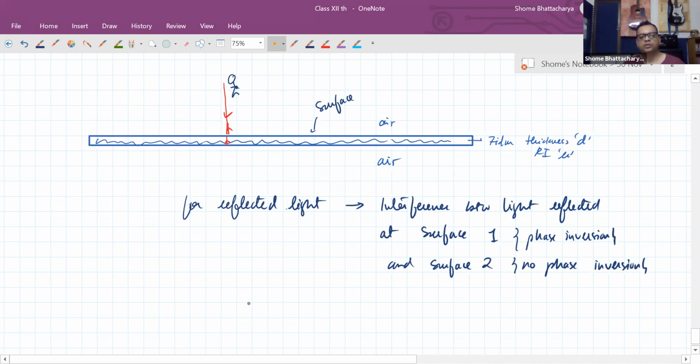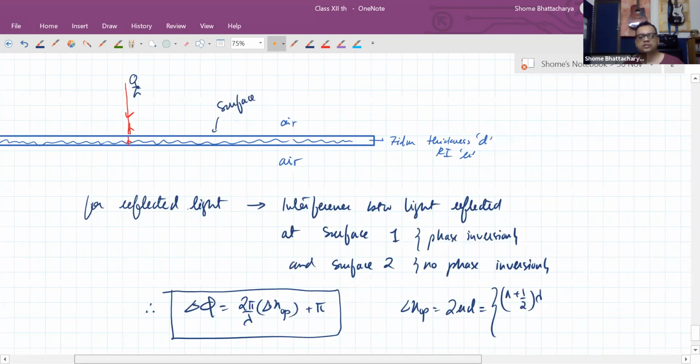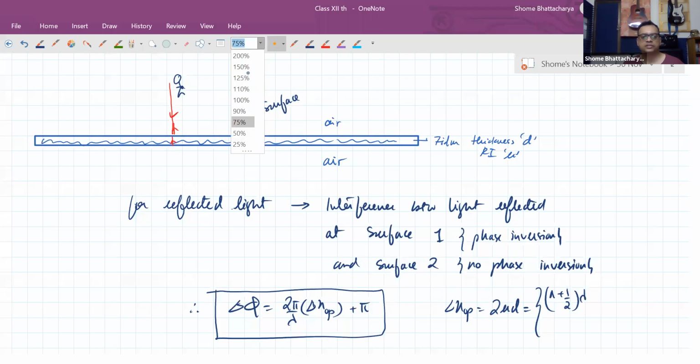Okay. So now what will happen is that your net phase difference will become 2 pi by lambda into optical path difference plus or minus pi. Whatever we write it doesn't make a difference. Okay. So delta x optical, which is 2 mu d, should be (n plus half) lambda for constructive interference now. This becomes a condition for constructive interference.